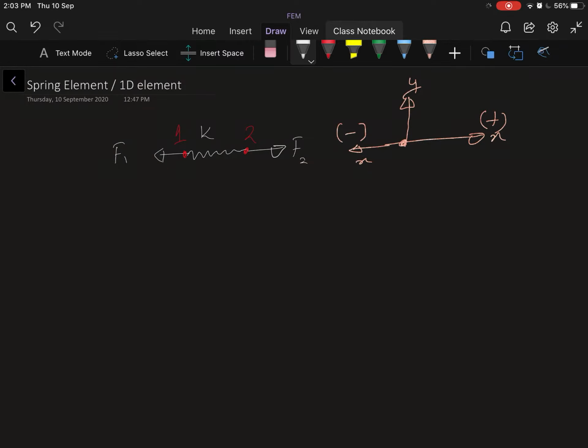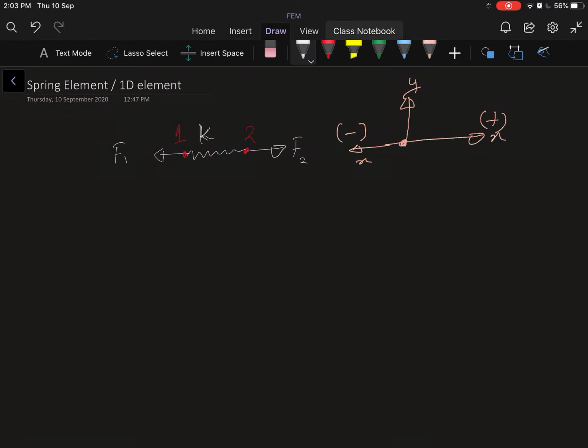If a spring has to be displaced by 1 centimeter, then if it is having a higher stiffness constant, it would require more force to displace it, whereas if it is having lesser stiffness constant, then with a lesser force we can displace it through that 1 centimeter distance. So stiffness constant measures how much force is required to displace a particular spring through a specified distance.